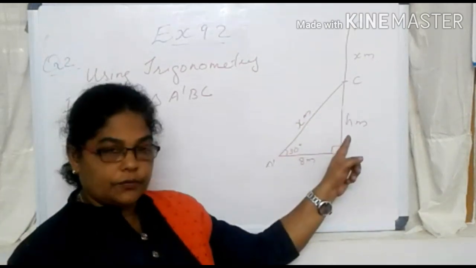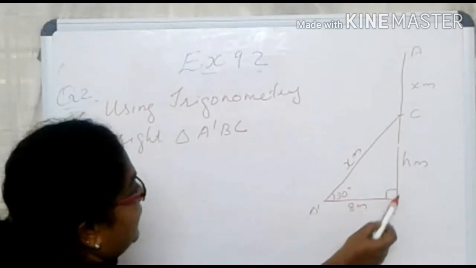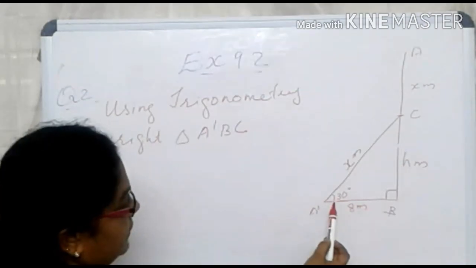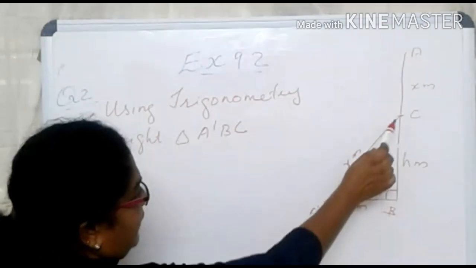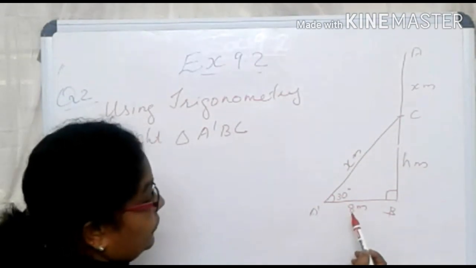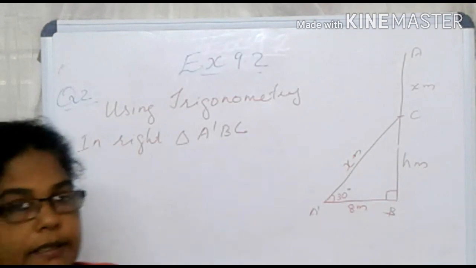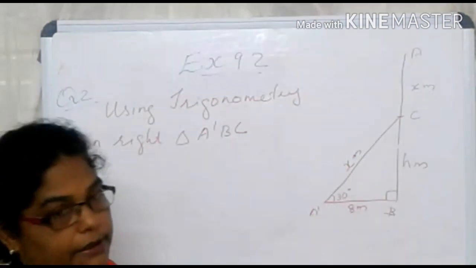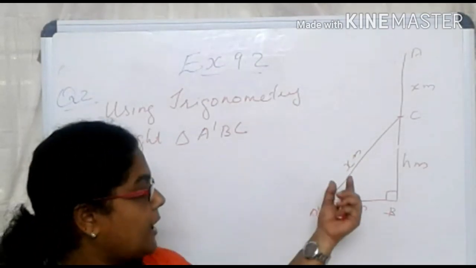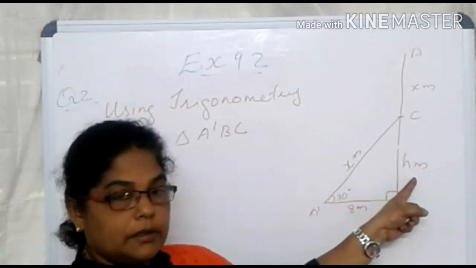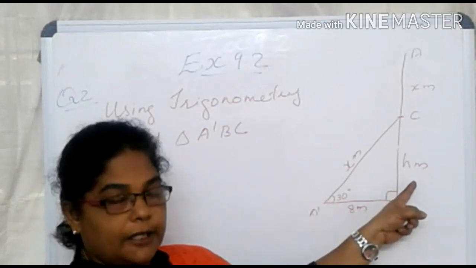A dash B is the adjacent side, and A dash C is the hypotenuse. So we have to find the hypotenuse and the height, the opposite side.